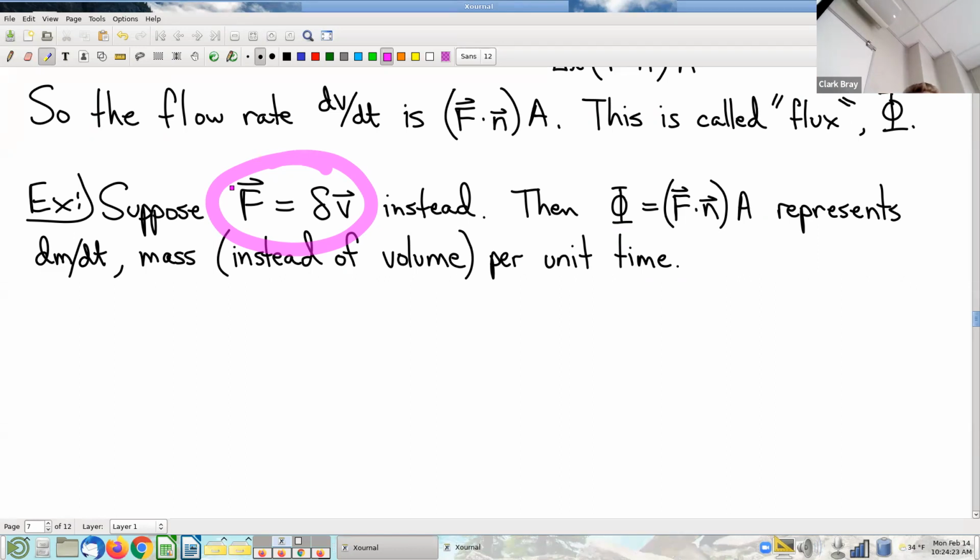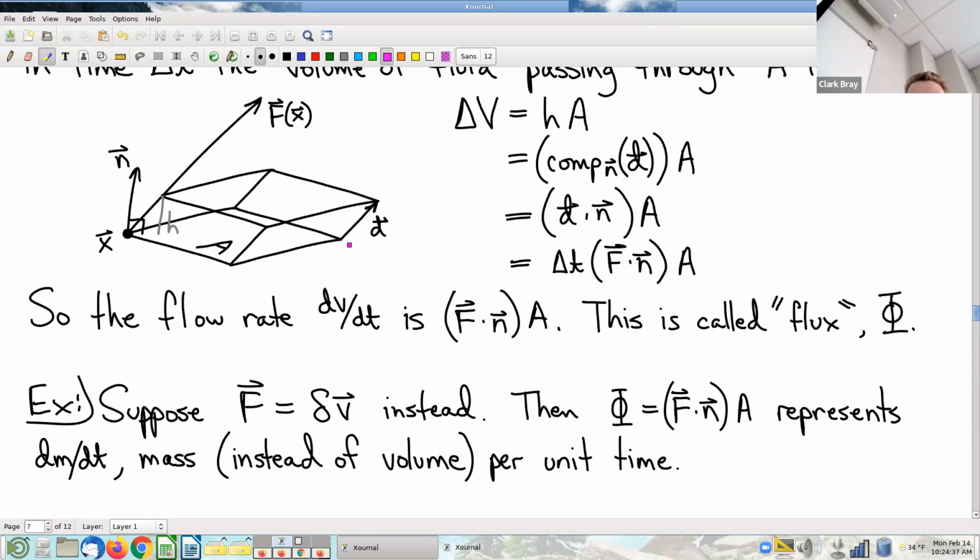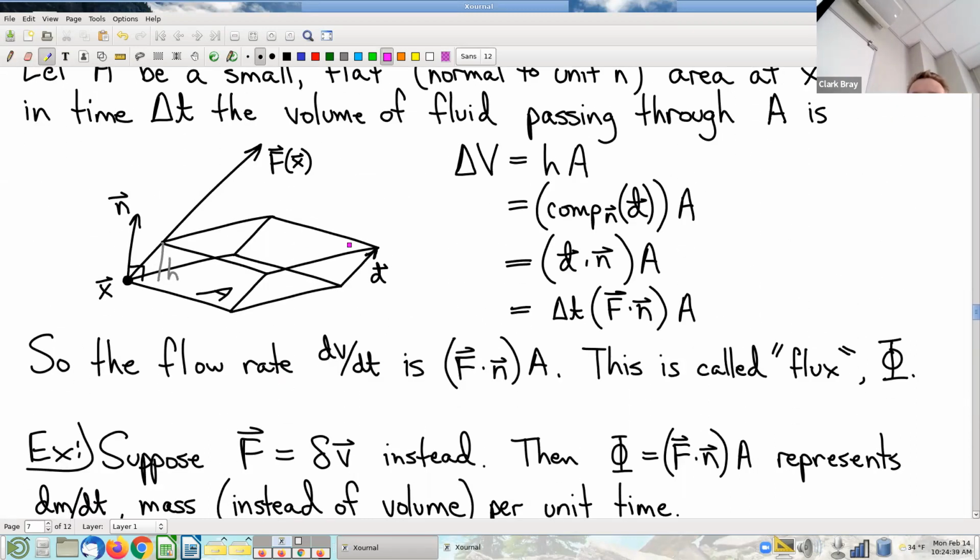So multiplying by density kind of feels like it ought to give you quantity instead of volume. And in fact, that's exactly what happens if you just come up here and ask what the quantity is in some amount of time, delta t.